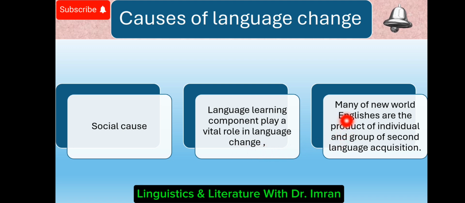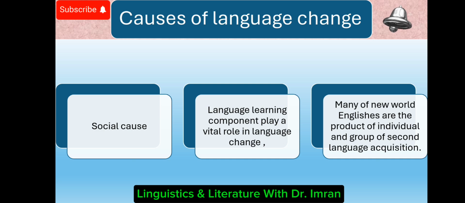How? Many of the newer Englishes are the product of individual and group second language acquisition. We see new Englishes or world Englishes, so many varieties of British English. That is usually because of second language acquisition or second language teaching.